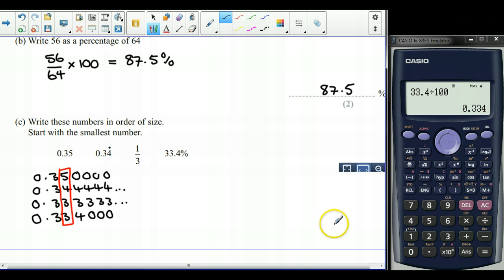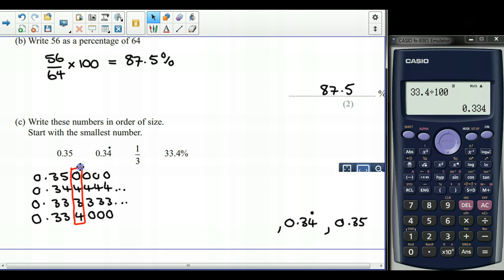So our largest is going to be 0.35. Next largest is going to be the one below it, because it's got a 4 in the hundredths column. So 0.34 recurring is our next largest. Well, it's inconclusive with the next two, because they've both got 3 and then a 3.